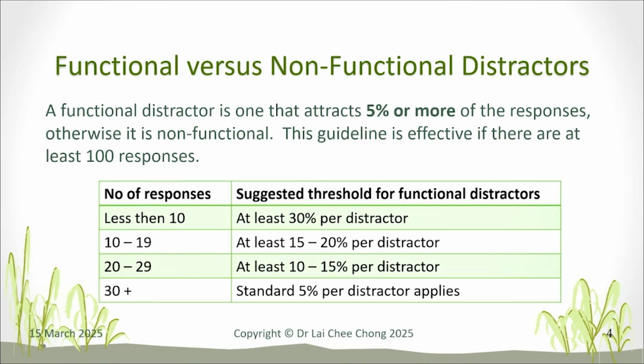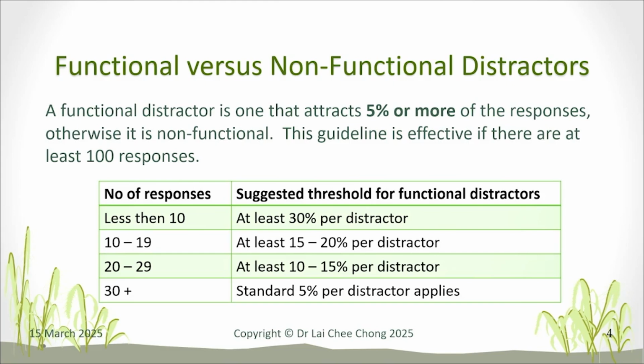You give away the answer in a way. I mean, think about that. If two are no good and one is very good, it's useless. He will know which one to pick. So in other words, you try to make it in such a way that all three of them are functional distractors. That's why I keep saying it must be per distractor. For each distractor, you have to make sure that it's equally functional. Not only one, all three must be equally functional.